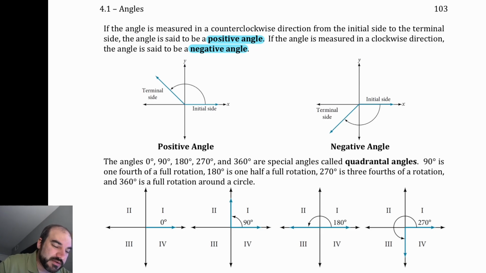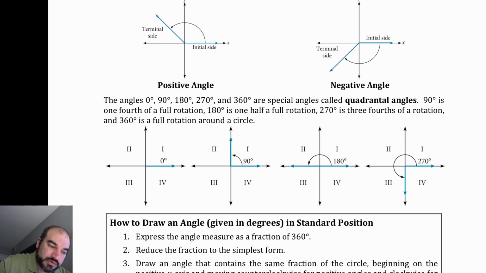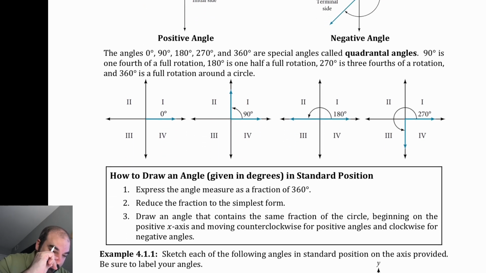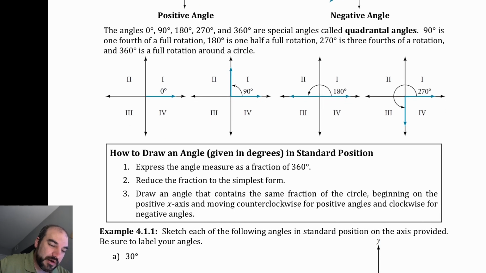So the same angle can be referred to as a positive or a negative. We can refer to angles with positive measures or negative measures, depending on what we are trying to do with them.